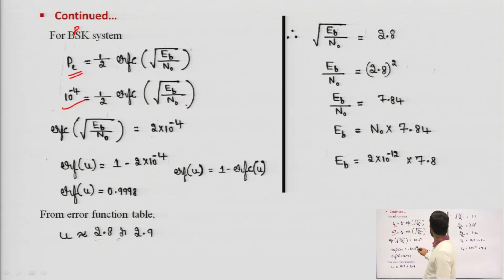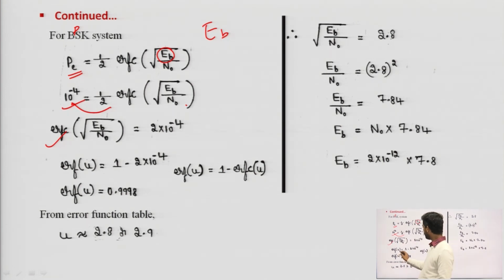Okay. So before, in the earlier examples, we were calculating EB. Now Pe is given, I need to find EB. So ERFC of root EB divided by N naught equal to 2 times 10 to the power minus 4.